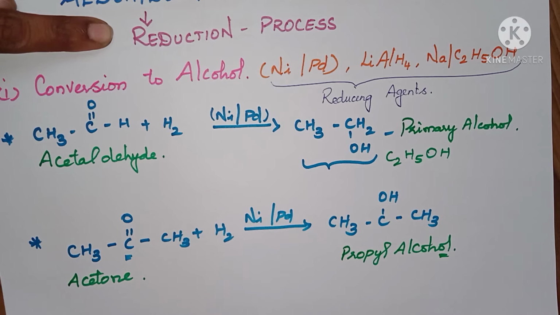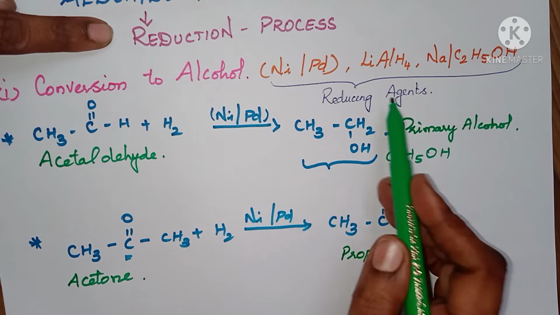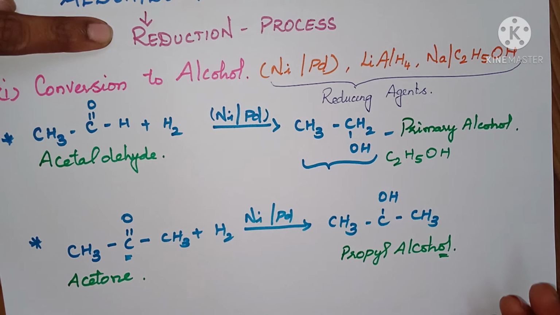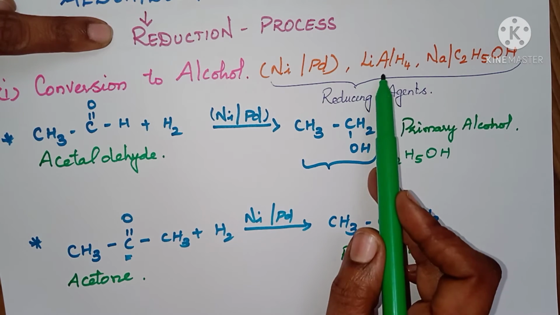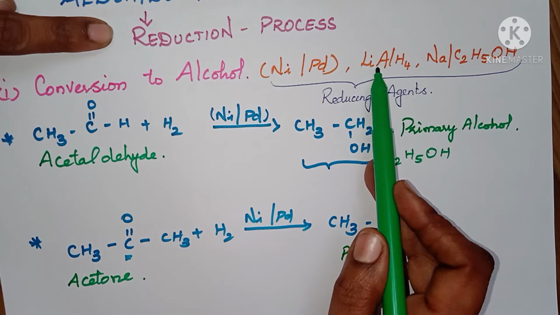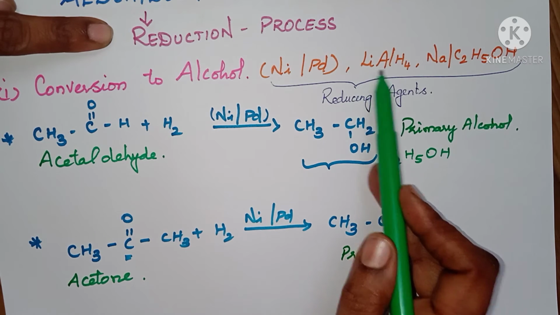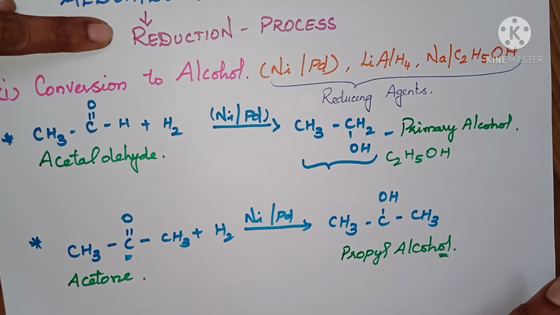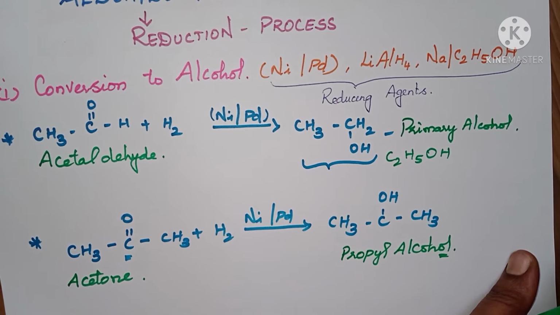During the reduction process, carbonyl compounds convert into alcohol. What is the reducing agent we are using here? Nickel and palladium. Other than that, lithium aluminum hydride can also be used, and sodium with ethyl alcohol can also be utilized. Next one.